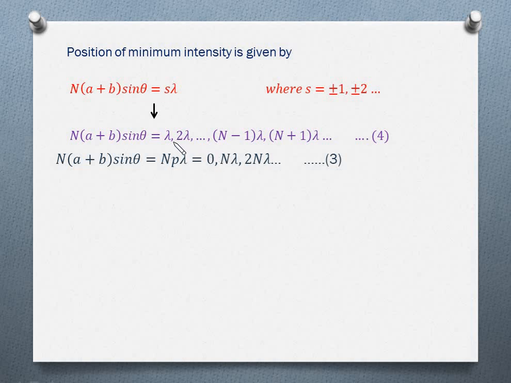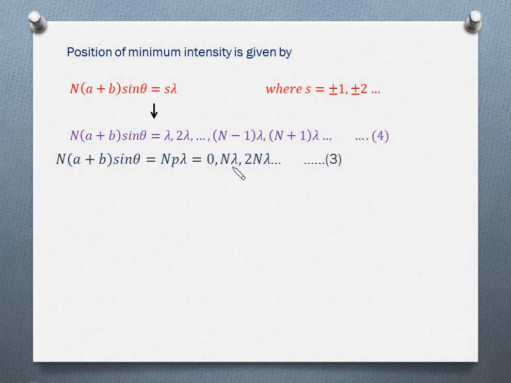So if you compare this equation with the condition for the maxima, you will find out the first minima just after the principal maxima has a path difference of lambda. Like this is the zeroth order principal maxima, then the first order minima has lambda here.